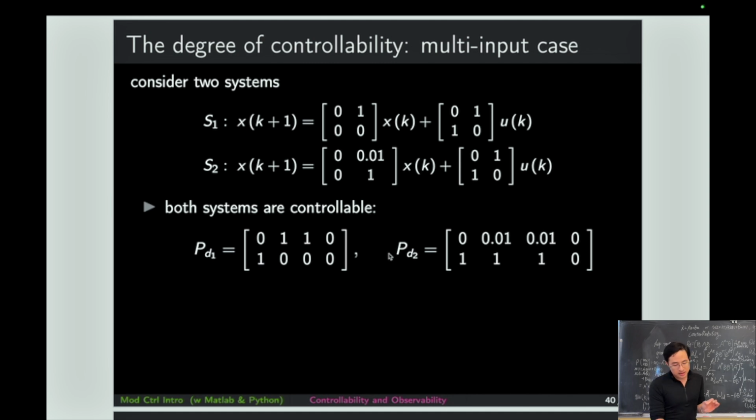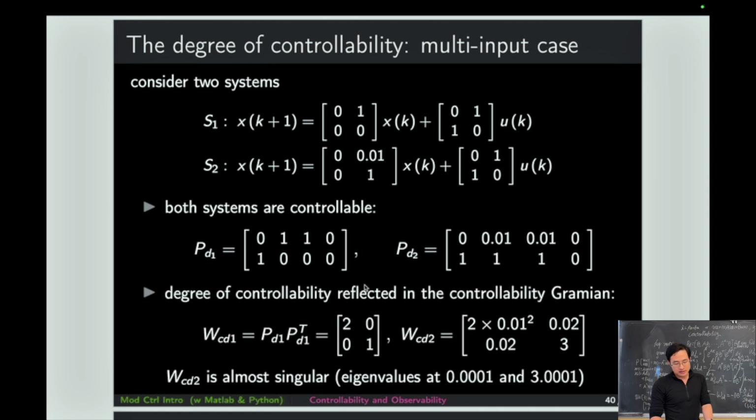The new element that I want to talk about here is that it may be rather cumbersome to always look at the ranks when they are lost numerically for this 2x4 matrix. It's not as easy to tell. The degree of controllability can, in this case, be computed more easily by calculating the Gramians.